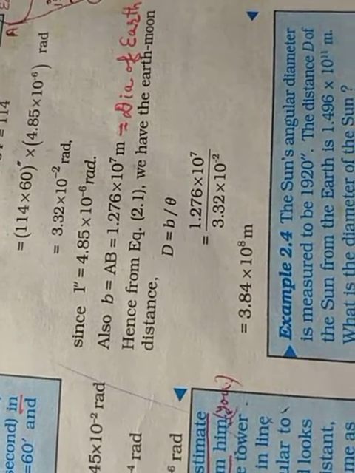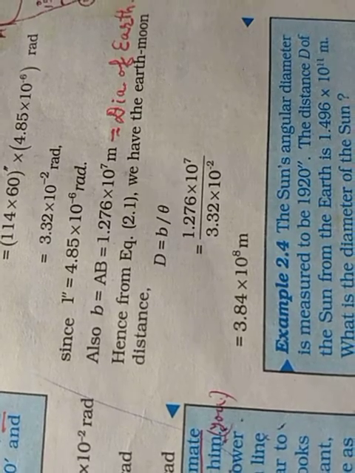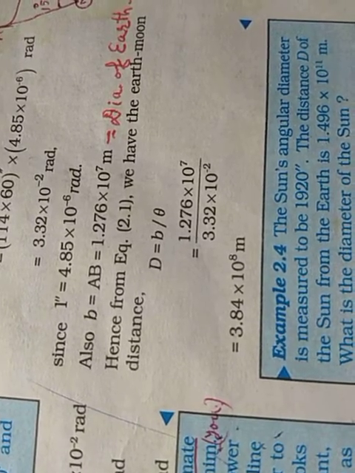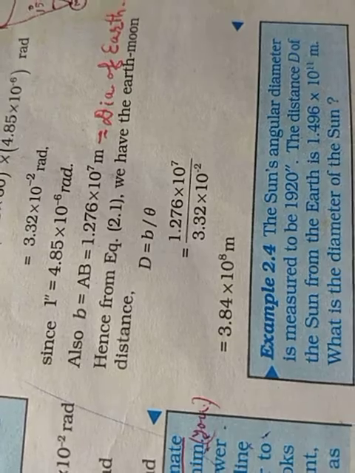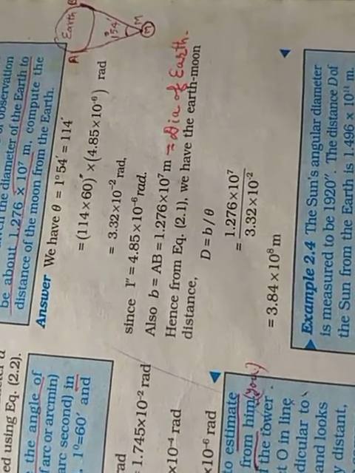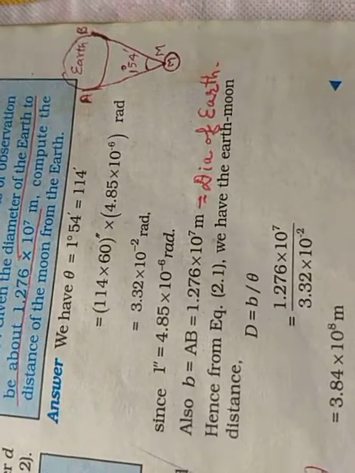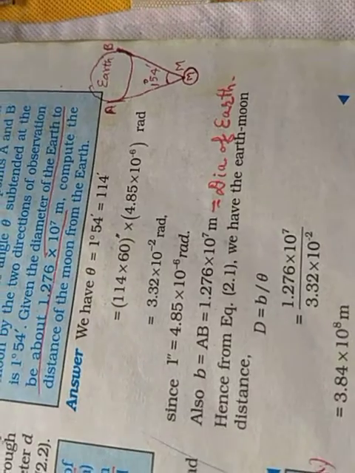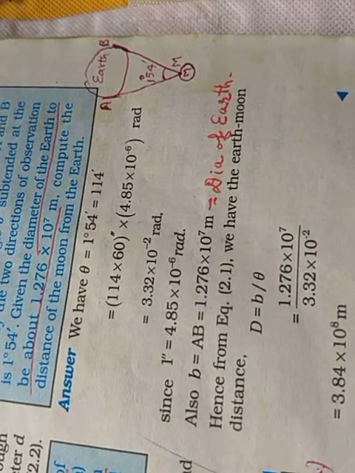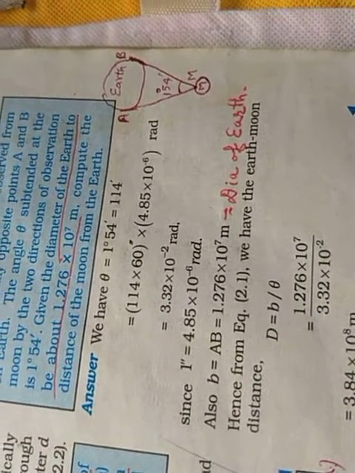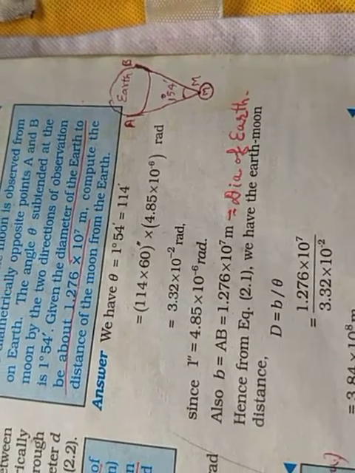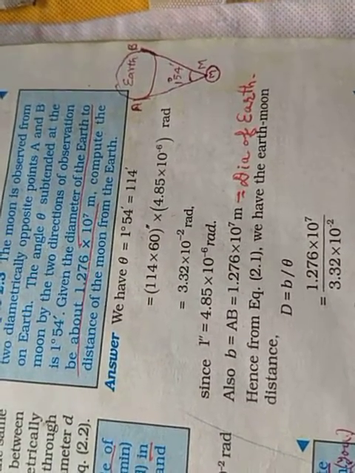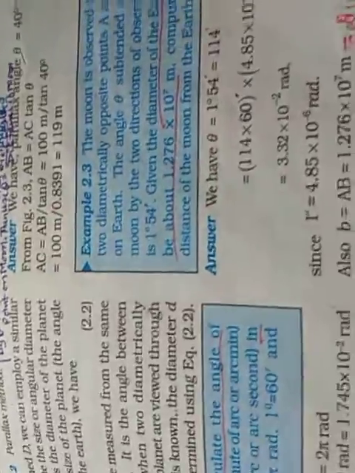When you divide 1.276 × 10^7 by 3.32 × 10^-2, we get the value 3.84 × 10^8 meter. That is the distance D of the moon, approximate distance we will say, because we have approximated by using the diameter of the earth instead of the arc. You know, arc length is always greater than the chord. So that is for this example.